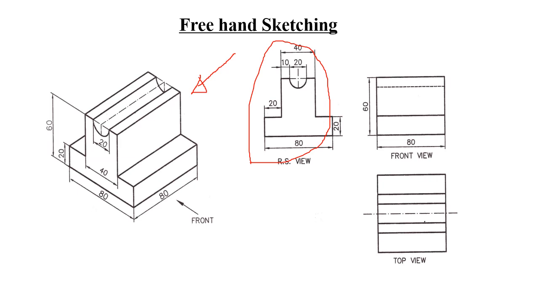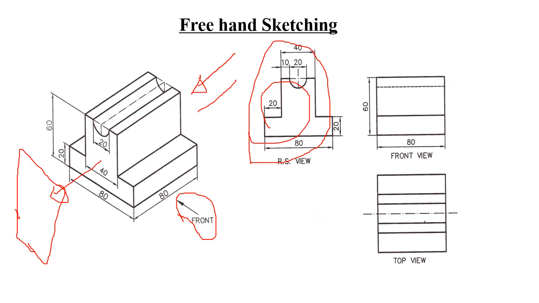So assume that, then only you will get the view on the right side. Always refer to every direction with respect to the front view arrowhead. That is very important. So if you see from here, you will get the projections here, right? You will get the projections here. So that is what is shown here as the right side view.